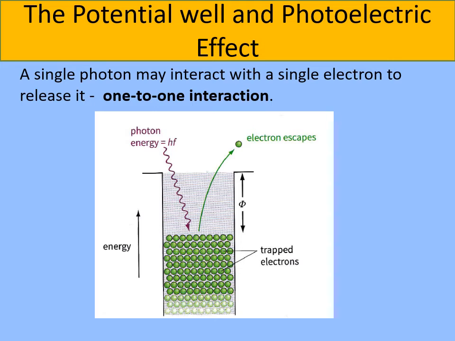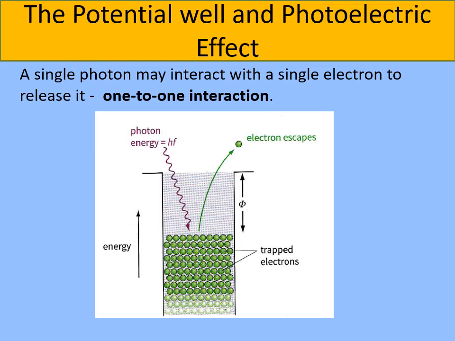If the frequency is above the threshold frequency for the metal, then each individual photon has enough energy to free a single surface electron, and so photoelectrons are indeed emitted. Electrons cannot accumulate energy from multiple photons. Only one-to-one interactions are possible between photons and the photoelectrons.